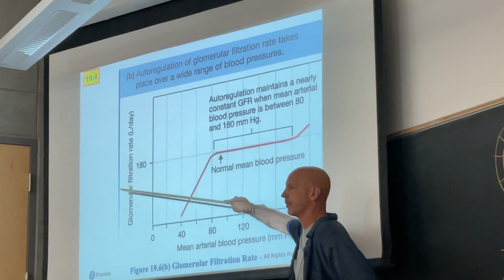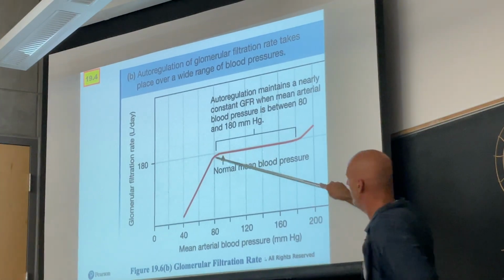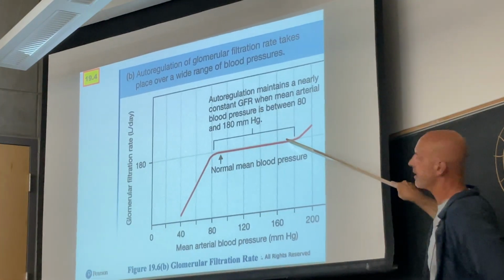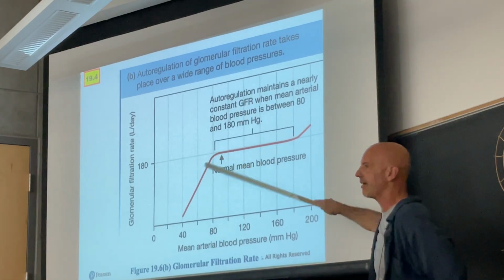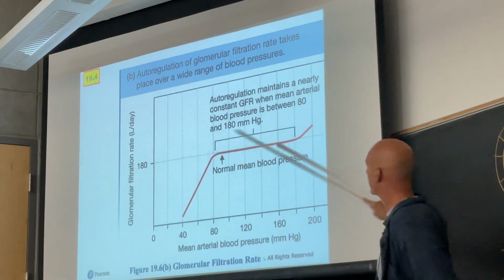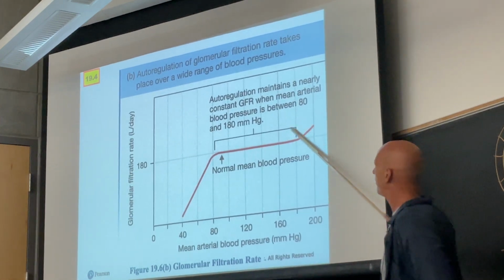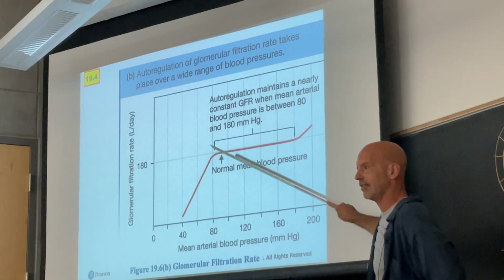Your glomerular filtration rate, how much is filtered, is going to even out at 180. Notice from a range of blood pressures from here to here, you're still doing 180. That is, if your blood pressure raises a lot, your glomerular filtration rate doesn't raise until you get way over here. So it's a very steady glomerular filtration rate.